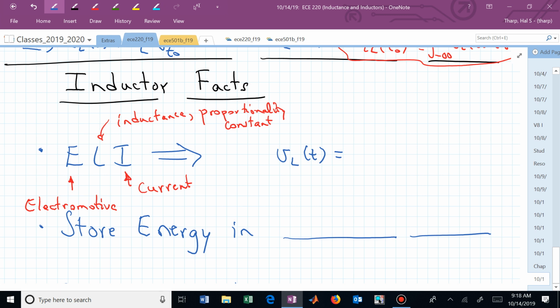So the middle letter in Eli says I'm going to have a proportionality of L, and I is actually differentiated. So this is now di sub L of t dt. If you want a mnemonic way of trying to remember V is equal to L di dt, that's the differential relationship of current and voltage for an inductor, just remember Eli. And then you can write down V is equal to L di dt.